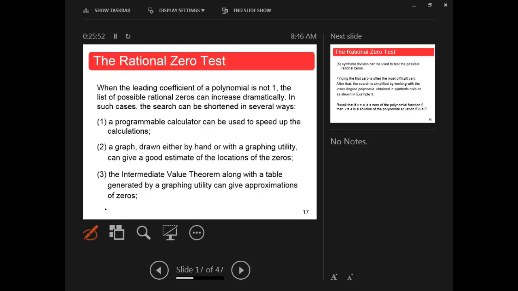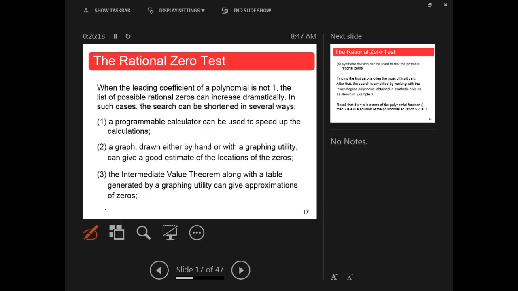When the leading coefficient of a polynomial is not 1, the list of possible rational zeros can increase dramatically, because now you have denominators as well. Okay? In such cases, the search can be shortened in several ways. Now, they say a programmable calculator; in your book it says a graphing utility. Whichever can be used to speed up the calculations.